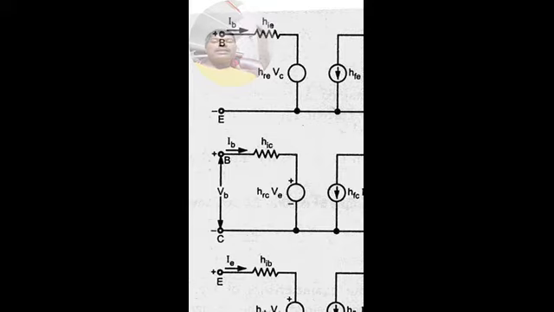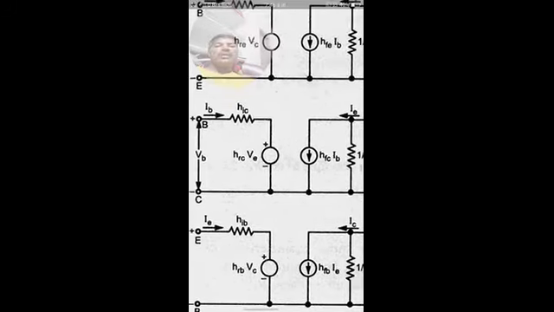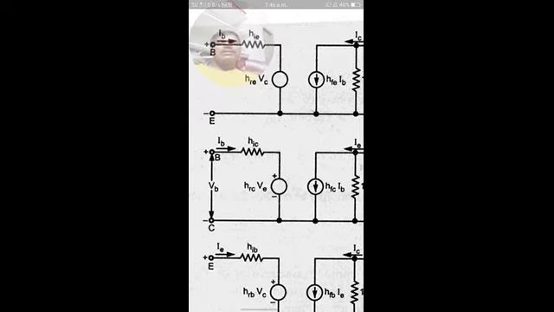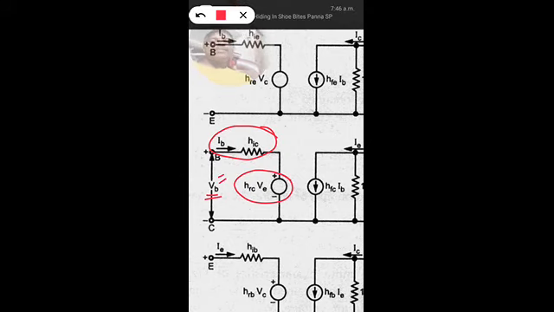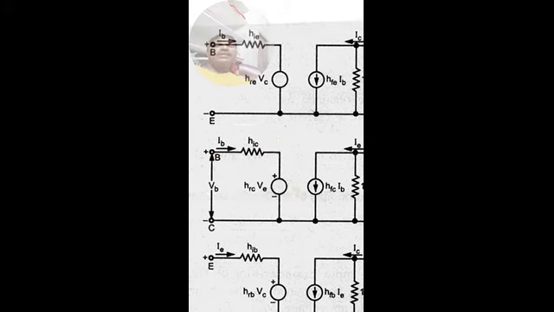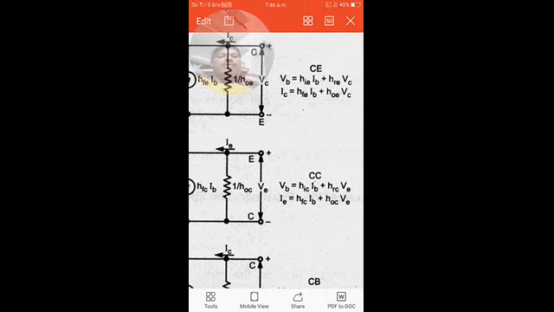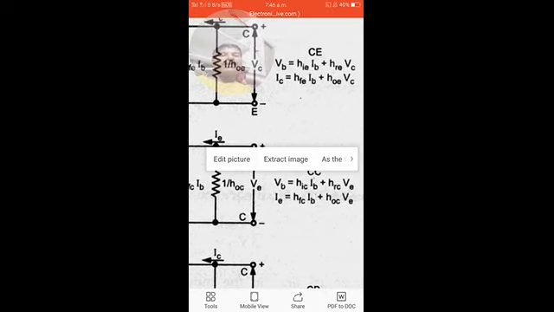Here we are representing the input voltage, VB equal to IB HIC plus HRC VE. So in CC configuration, VB is equal to HIC IB plus HRC VE.